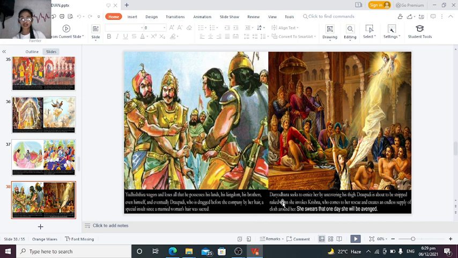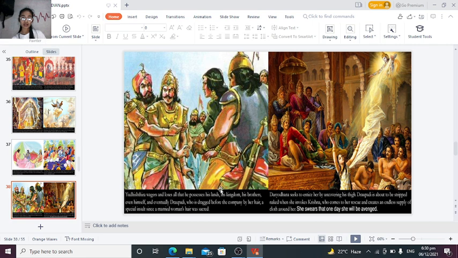Duryodhana seeks to entice her by uncovering his thigh. Draupadi is about to be stripped naked when she invokes Krishna, who comes to her rescue and creates an endless supply of cloth around her. She swears that one day she will be avenged.